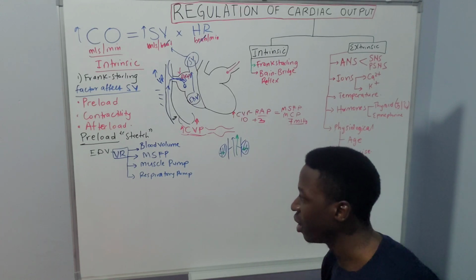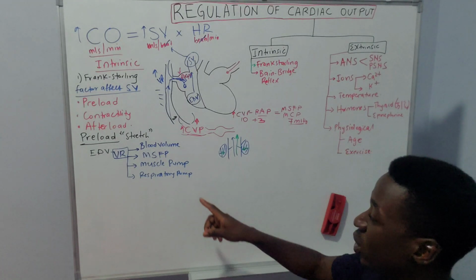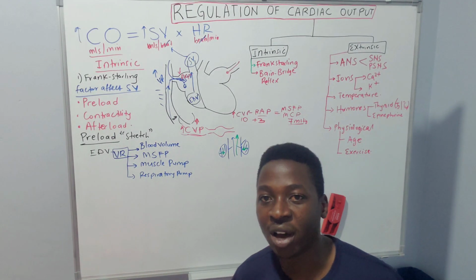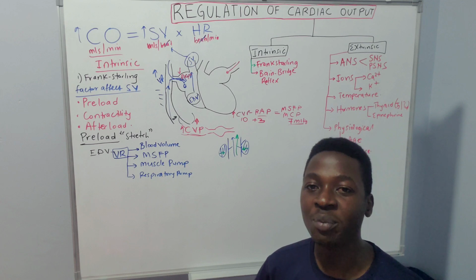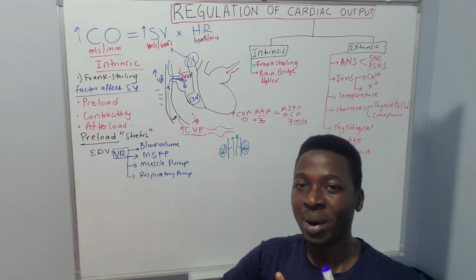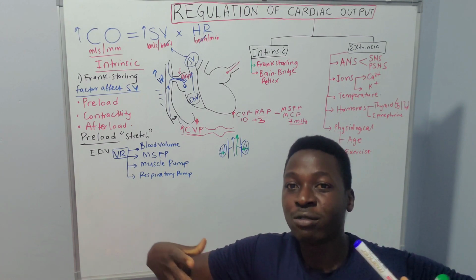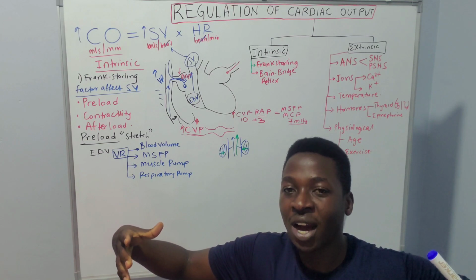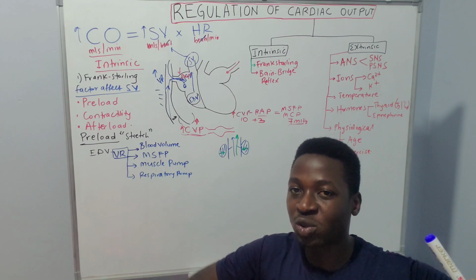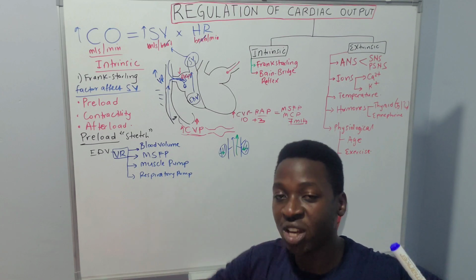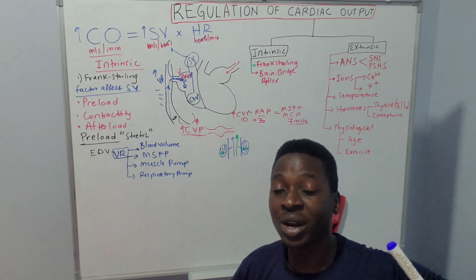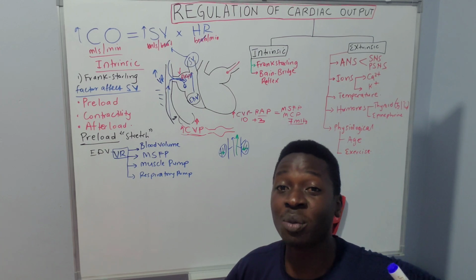presence of valves. But also we have what we call the respiratory pump. So look here, when I am breathing in and out, when I breathe in, okay, my chest expands, which means the volume of my chest cavity actually increases. But what happens with the pressure in the chest cavity? Pressure falls. Whereas the pressure in the abdominal cavity actually builds up.